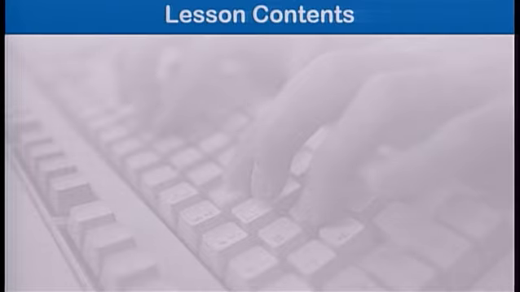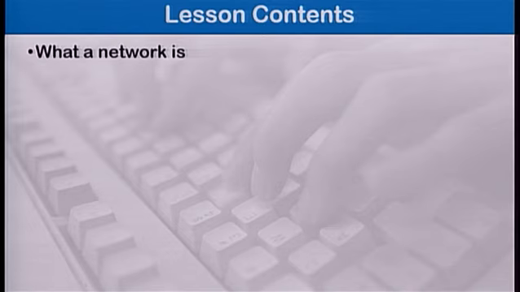In this lesson, we are going to learn about cable-based networks and wireless networks. Let us start by looking at the contents of the lesson. In this lesson, we are going to first recall what a network is. We will then learn what a cable-based network is.